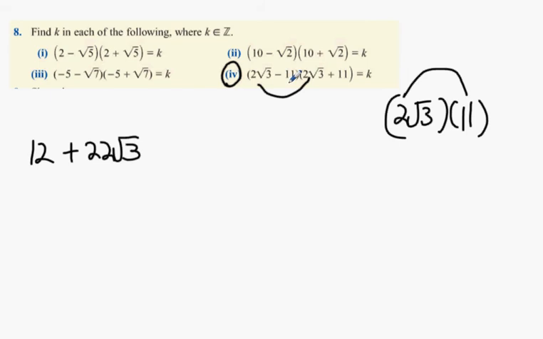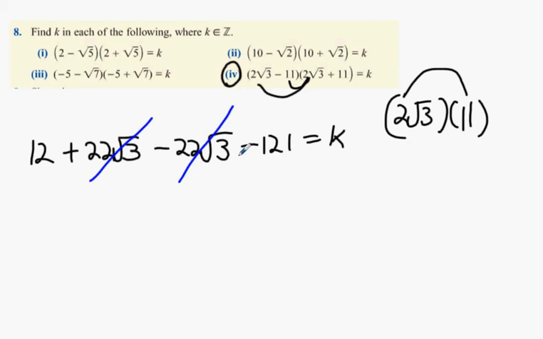And then minus 11 times 2 root 3, minus 22 root 3. And finally, minus 11 by plus 11, minus 121. What happens? 12 minus 121 is minus 109. That's it.